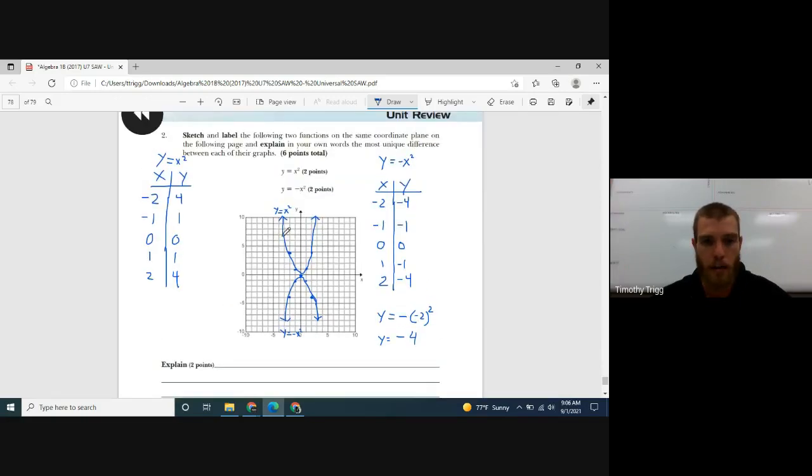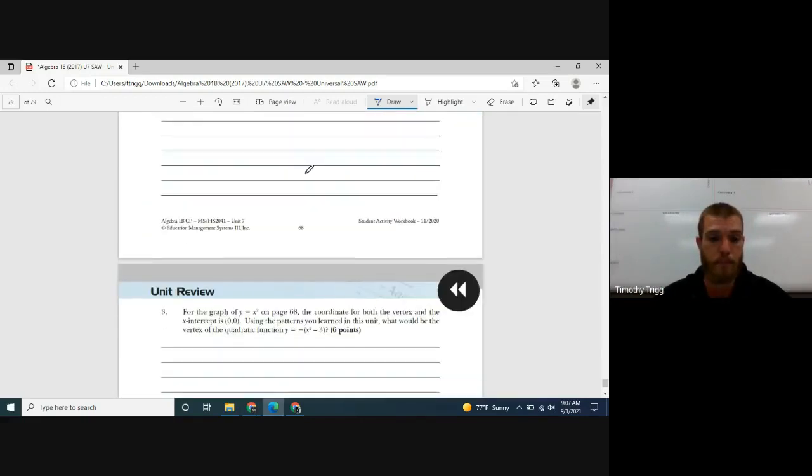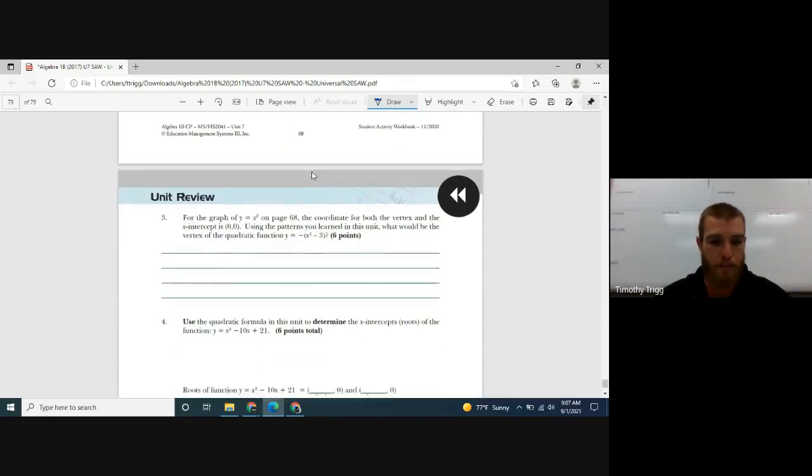I also want to point out that generally speaking, whenever you're graphing a parabola, if the x squared part of the equation is negative, then the parabola will be going down, whereas if the x squared part is positive, it'll be a parabola going up. And that's true for any parabola.